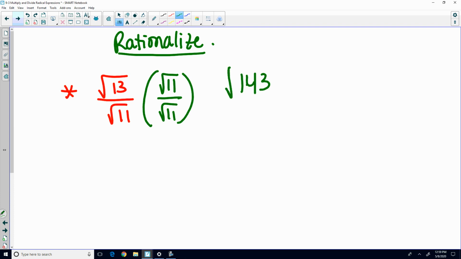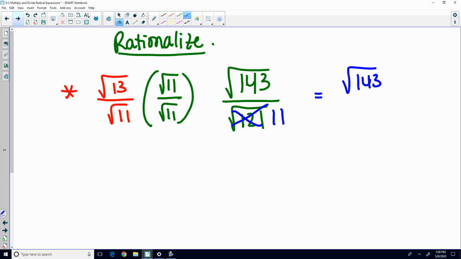So I have the square root of 143 over 11 times 11 is 121, all in a radical. 121 is a perfect square. It is 11. So this just turns into 11. I will give you a really big hint. 143 doesn't have any perfect squares in it. So my final answer is the square root of 143 over 11.